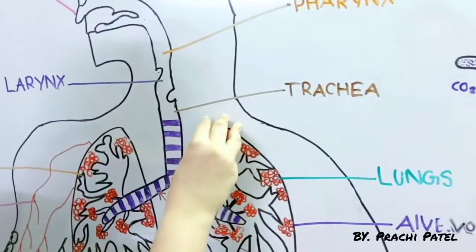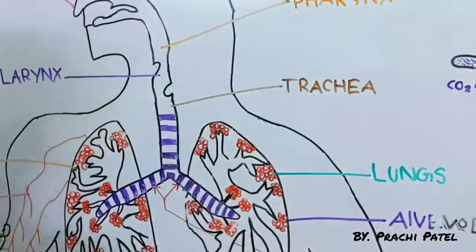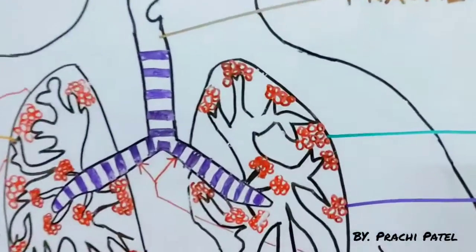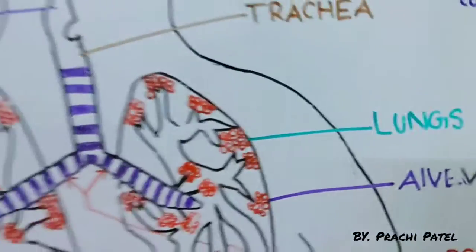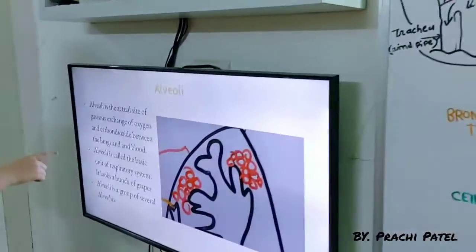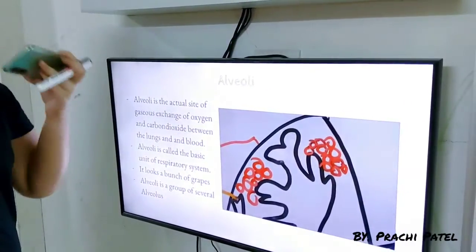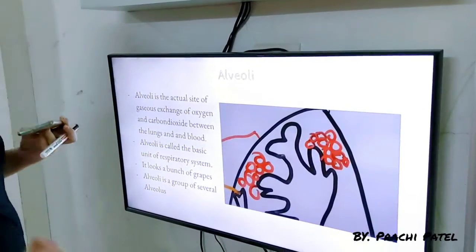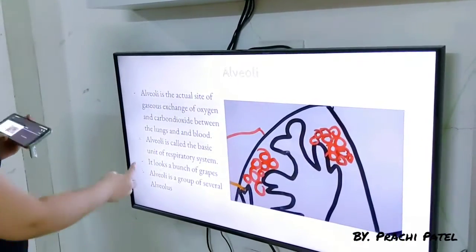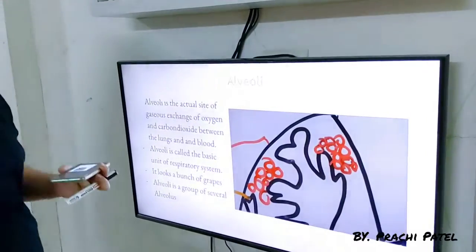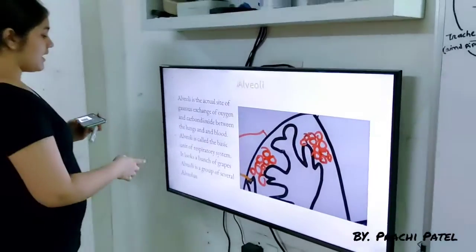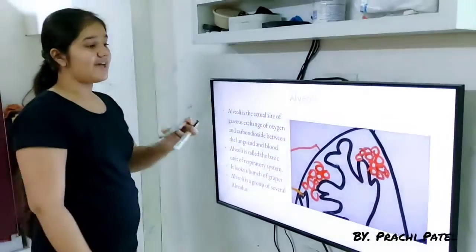This bunch of grapes is called alveoli. You can clearly see in the picture. Alveoli are also called the basic unit of the respiratory system. It is the main and basic part of the respiratory system. It looks like a bunch of grapes, which I just told you. Alveoli are a group of several alveolus.